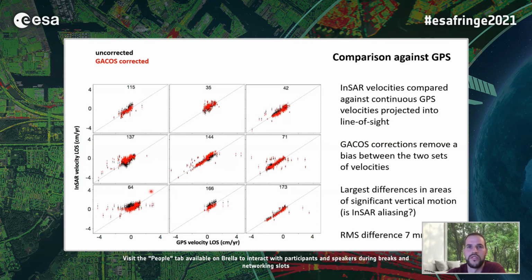But overall, as long as the slope is 1-to-1, you are good. If you have a bias with a single station referencing, you would expect a shift. So that would go away once we start correcting based on the network. But overall, the RMS difference is about 7 millimeters per year in the worst case scenario. Next slide, please.